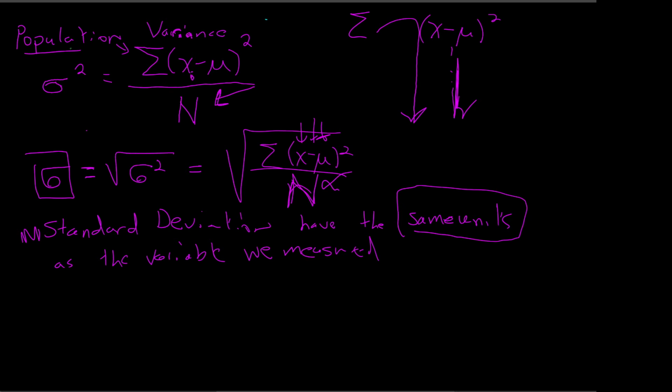Let's put this into some steps here, because we want to organize things into columns for this to work for us. So what we're going to do is find the population variance. And once you have the variance, you get the standard deviation by taking its square root.